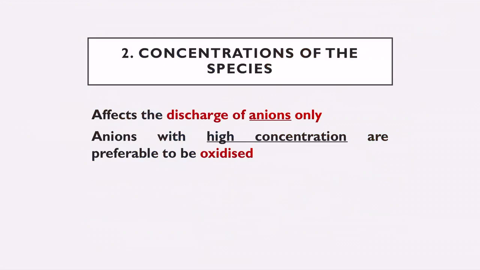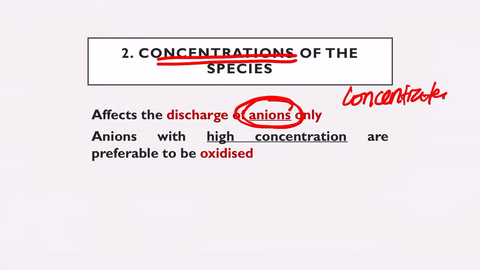Concentration only applies to your anions, not cations. So what you need to know is that if you have a concentrated aqueous solution, and there are anions, except for F minus, such as Cl minus, then your Cl minus can be oxidized, because there is a lot of it.